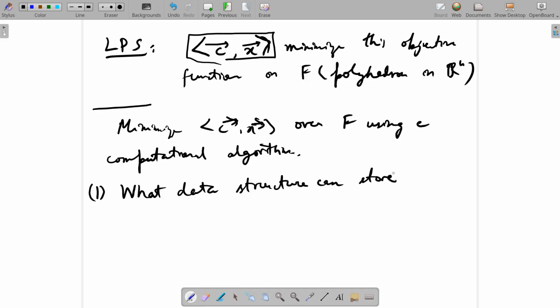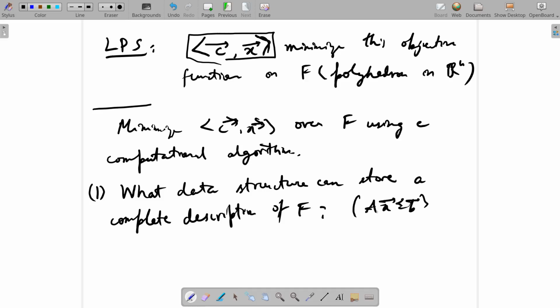For this we have a very good answer. In fact, we did all those representation theorems. In any case, F is a polyhedron, and the way it's defined is by all these inequalities. So all you have to do is specify two arrays. That's how you tell a computer what F is.